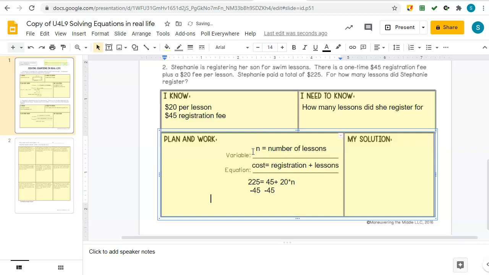And we get 180 equals 20 times n. We divide both sides by 20, and we get that n equals 9, or 9 equals n. Alright, so she paid for 9 lessons.